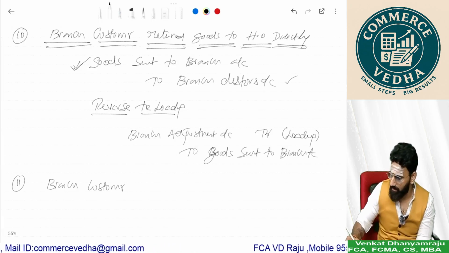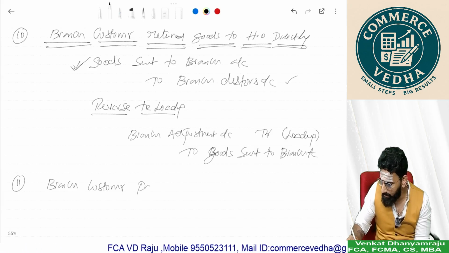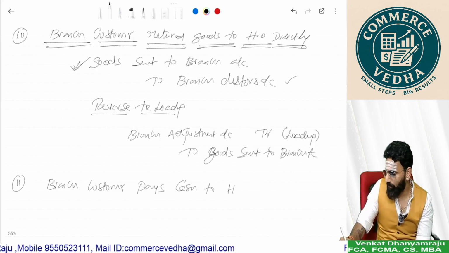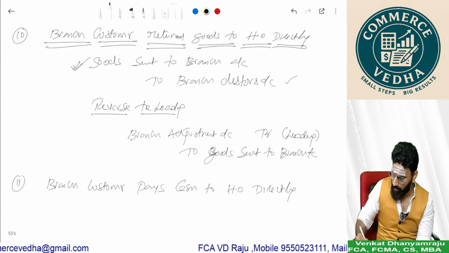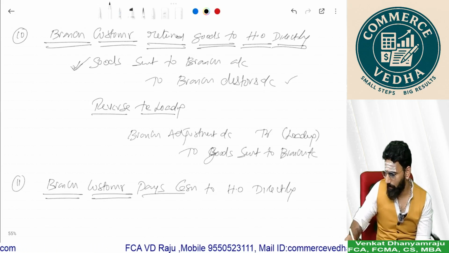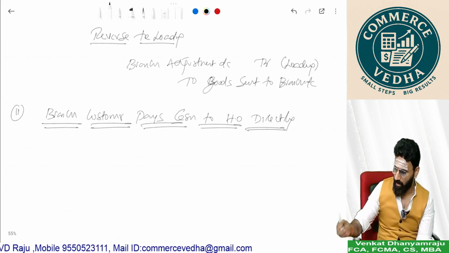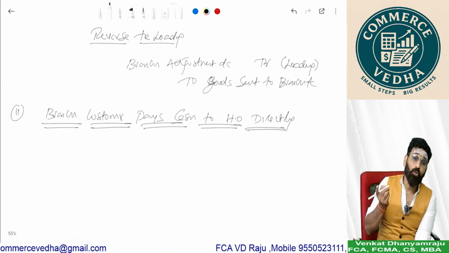Then one more transaction might happen. Branch customer pays cash to head office directly. Now I should write here, it is not coming to branch cash, it is going to HO cash.